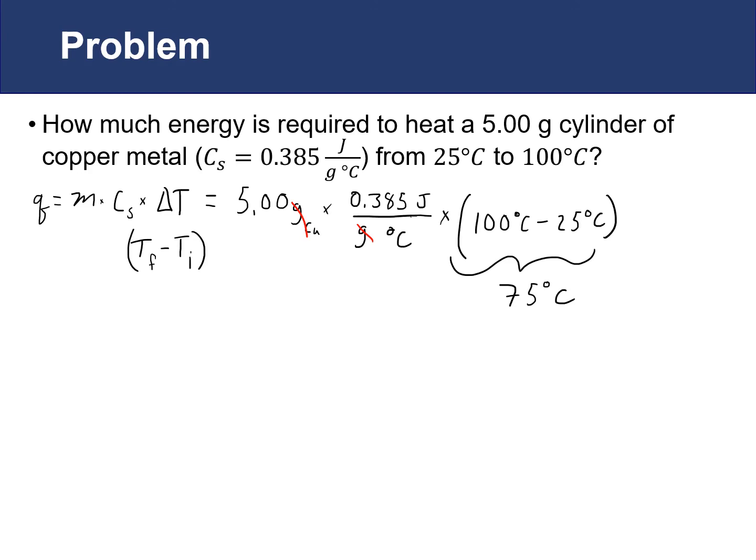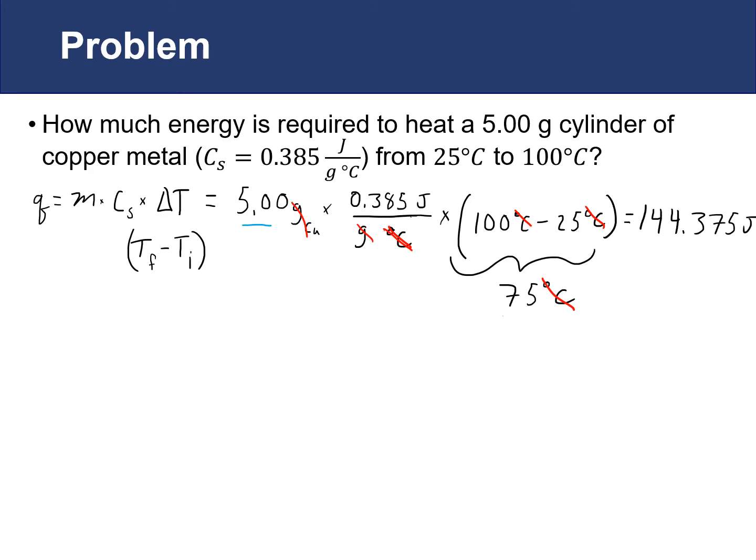If we plug this in to our calculator, you'll get 144.375 joules. Our Celsius here will cancel out our Celsius in here, or you could think about it as the Celsius here canceling out our unit on our 75. In terms of significant figures, our mass has 3. Our heat capacity that is given, our specific heat capacity, has 3.